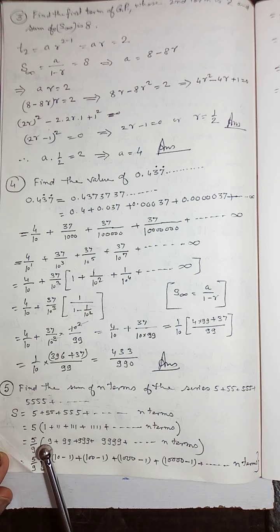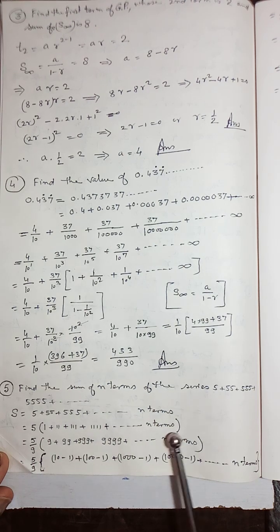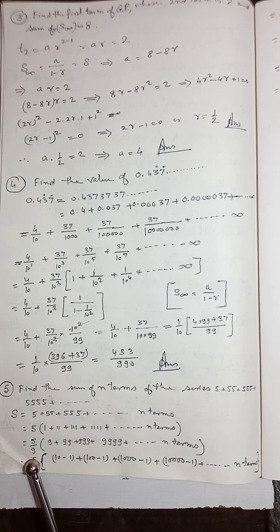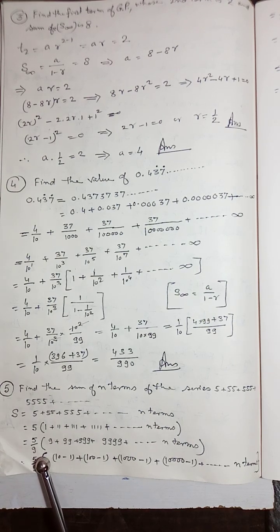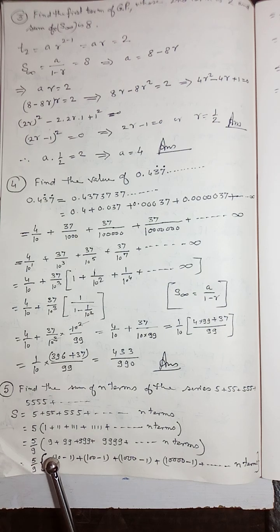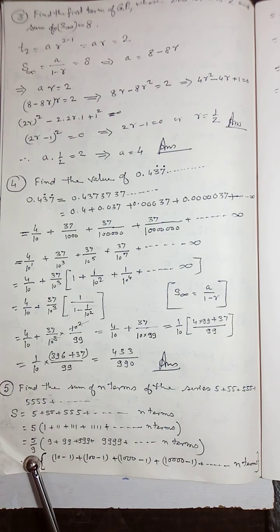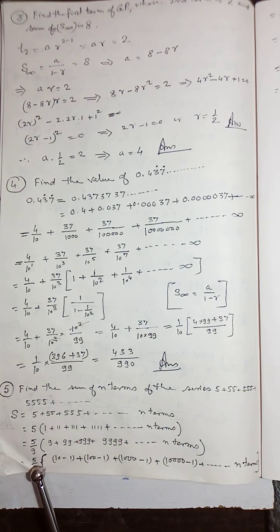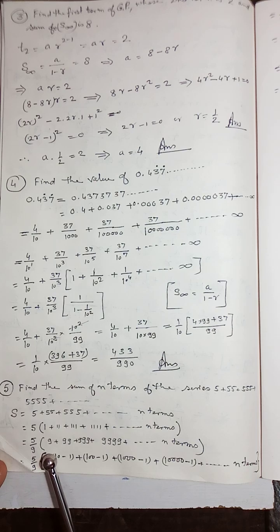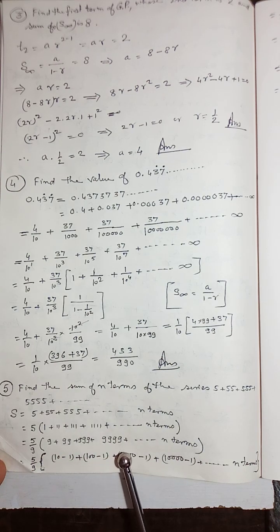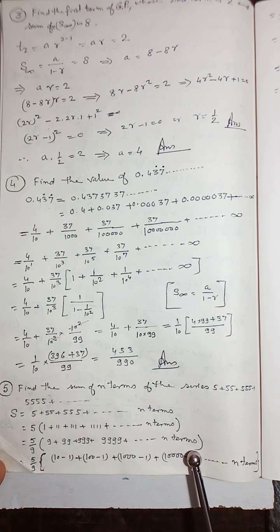Now what I have done in the bracket, I have multiplied it by 9 and taken 9 outside, means multiplied and divided by 9. So the multiplication process we have done inside the bracket and outside we have written 5/9. So 9 plus 99 plus 999 plus 9999 up to n terms.